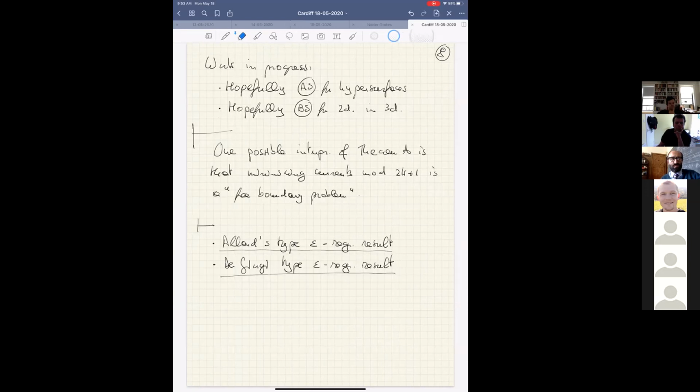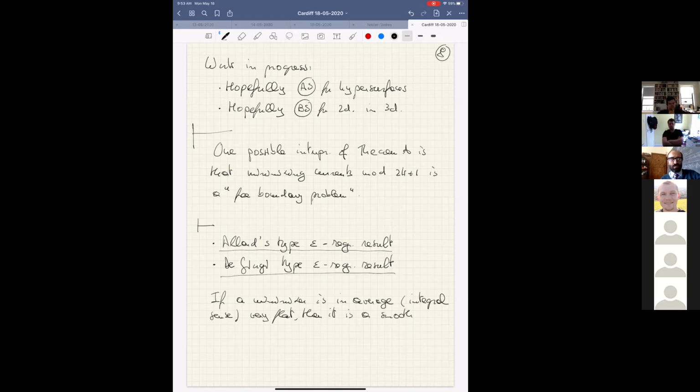Loosely speaking, if a minimizer is on average, and by average I just mean in an integral sense, very flat, then it is a smooth graph.